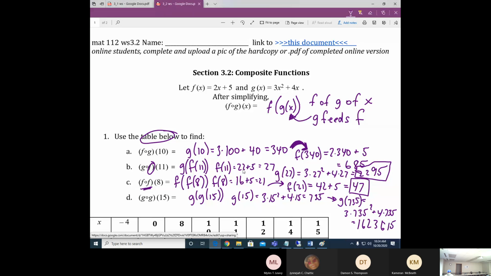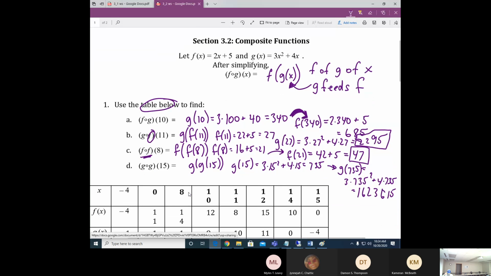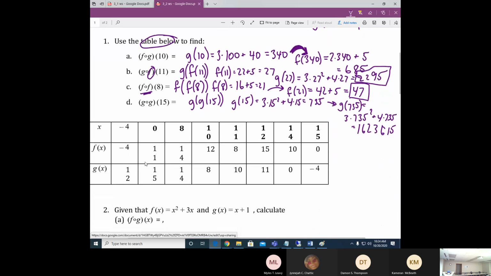Now that you've done a super hard problem, realizing now, wait a minute, they didn't mean this function, they meant the table below. Let's see how much easier that will be just using the table below. Well, here's what we do. For A, f of g of 10, well, means let's figure out what g of 10 is.